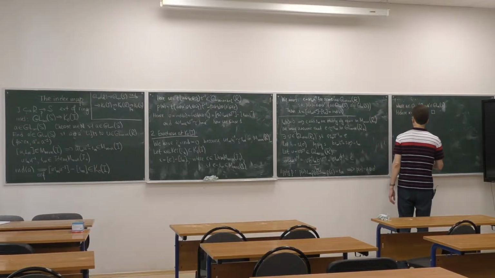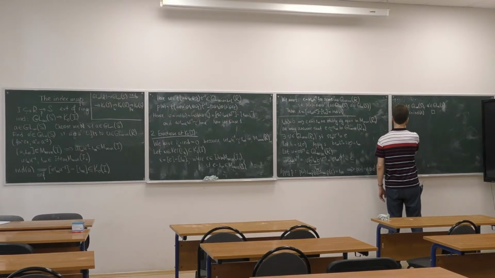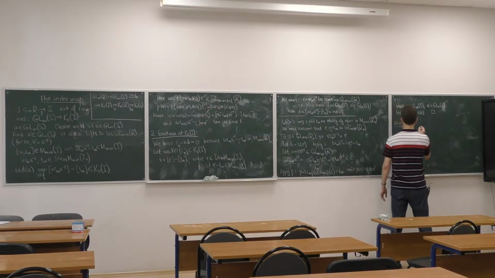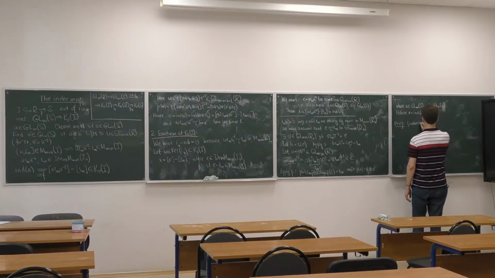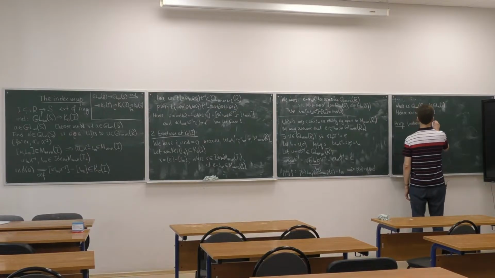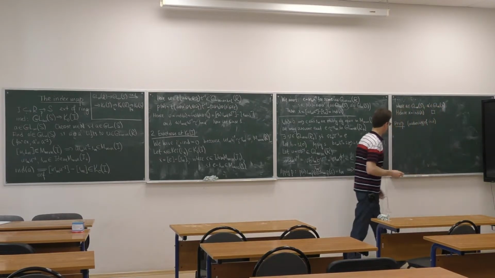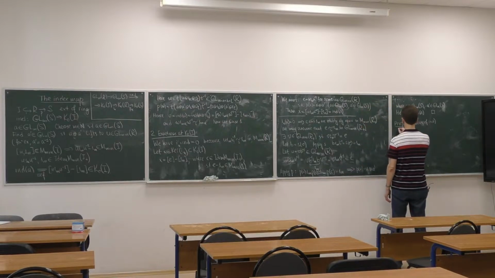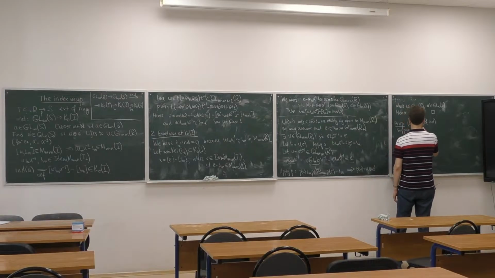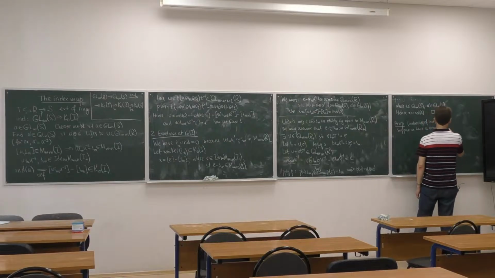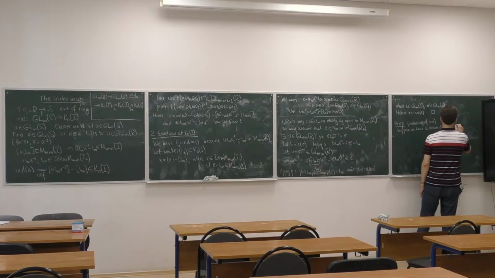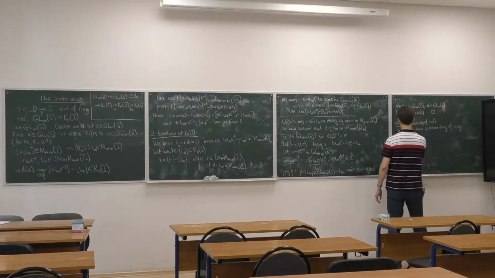Okay, another useful property of the index map is the naturality of the index map. Suppose we have a commutative diagram of rings of the following form.